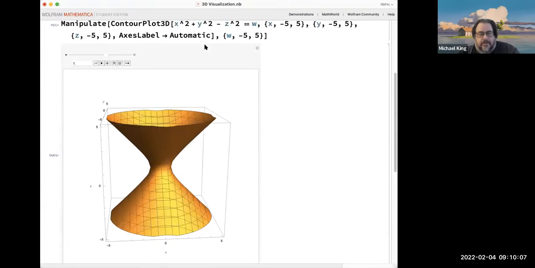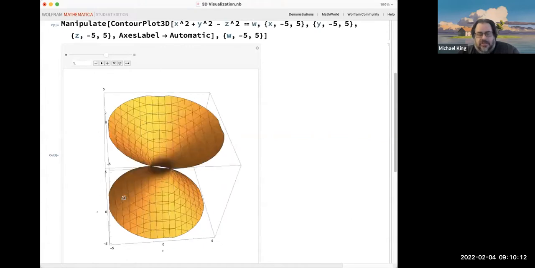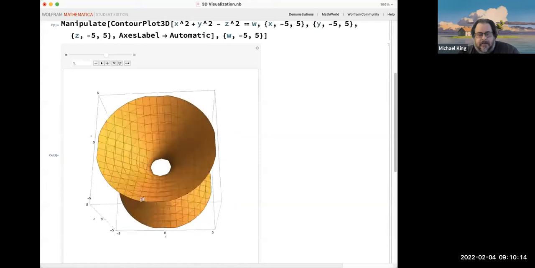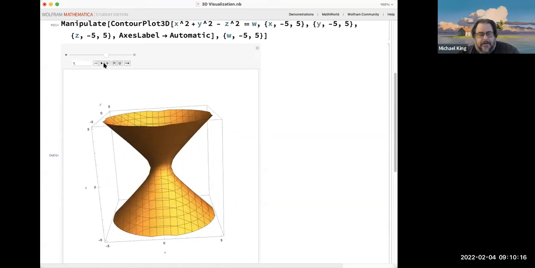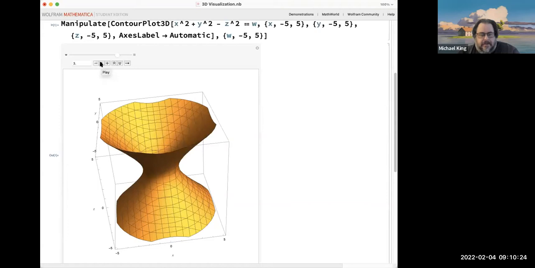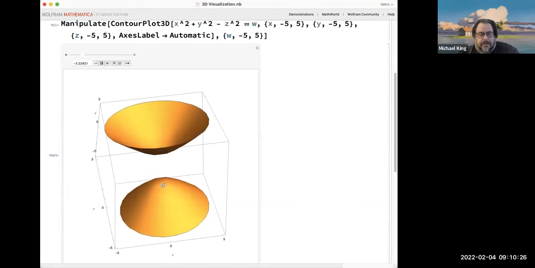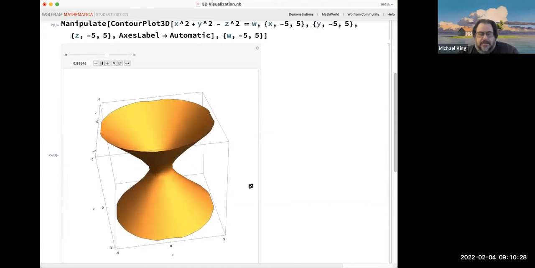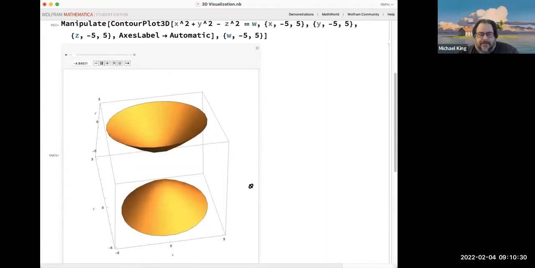And then when I go to +1, setting W to +1 here, I get what's called a one-sheeted hyperboloid, which is kind of cool. It's got a hole in it, like an hourglass type thing. And then that changes as I skip ahead through this. It's fun to play this movie a little bit and see this thing. Again, it's not fully rendered as it's going.